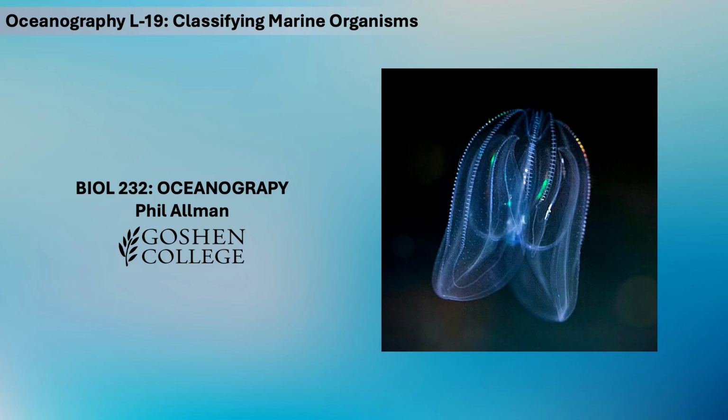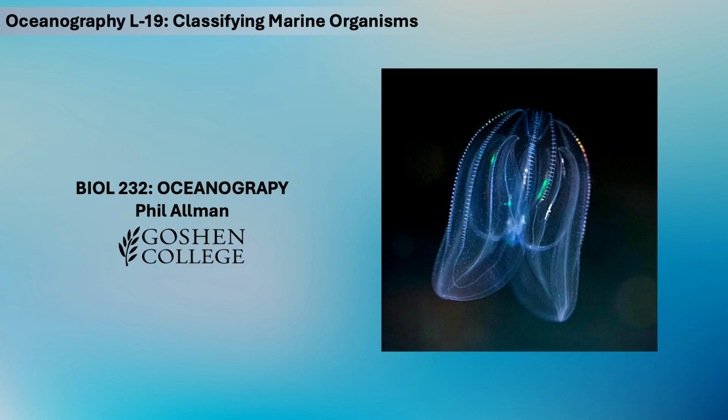All of these processes create the environmental conditions that marine organisms must live within. In other words, the physics and the chemistry of the ocean establish the stage upon which marine life operates.